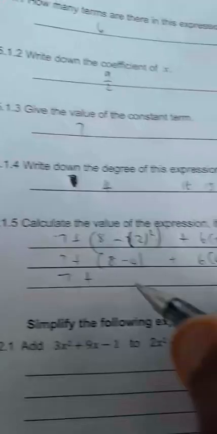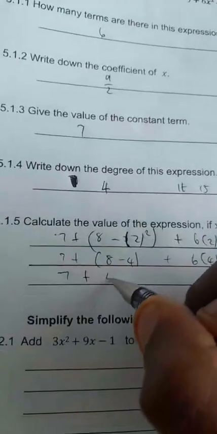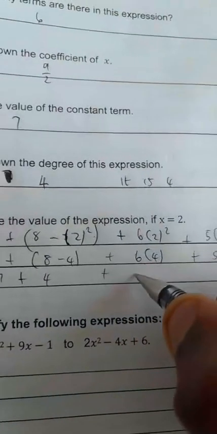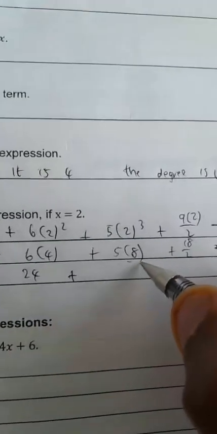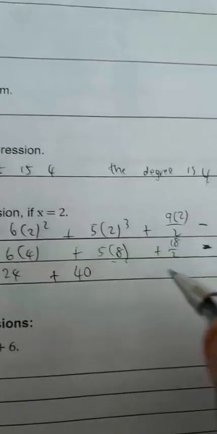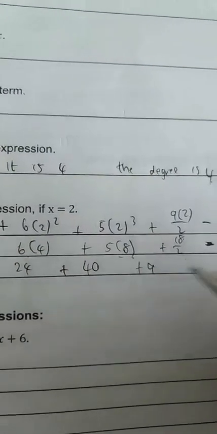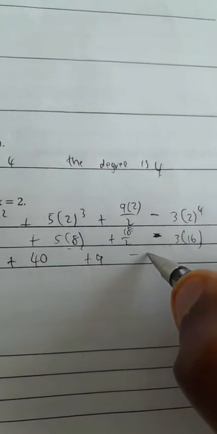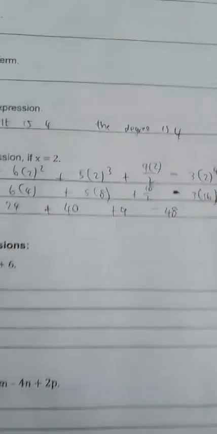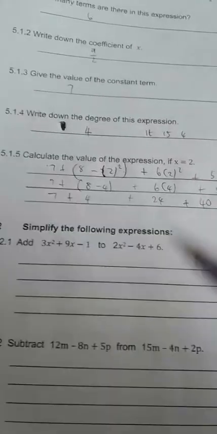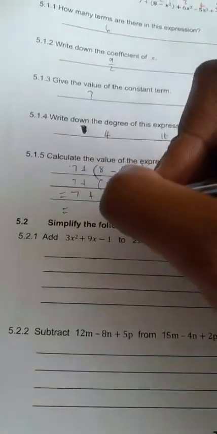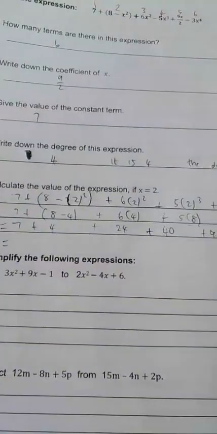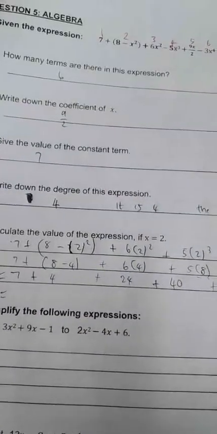Then 7 plus 8 minus 4, you have 4 there, plus 6 times 4 is 24, plus 8 times 5, which is 40. 18 divided by 2 you have 9, and then minus 3 times 16, you have negative 48. Then you can punch all of this into your calculator.